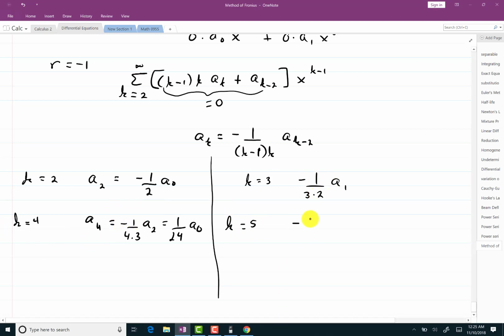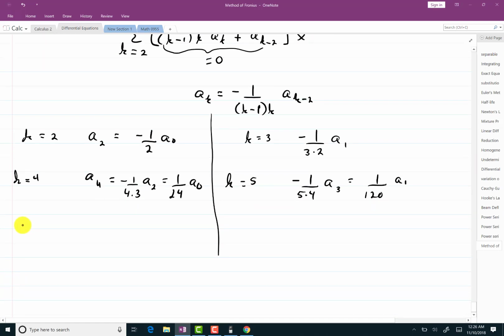So I get negative 1 over 5 times 4, a sub 3, which equals 1 over 5 times 4 times 3 times 2, which is 120, a sub 1. I'm seeing an interesting thing here, a series that I might recognize by the time I get done. K equals 6. We have a sub 6 equals negative 1 over 6 times 5, a sub 4, but that's equal then to negative 1 over 720, a sub 0. And then over here, k equals 7.